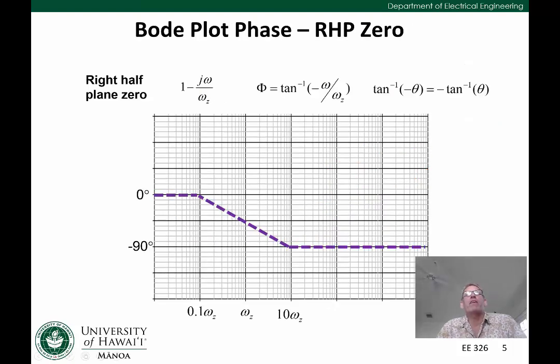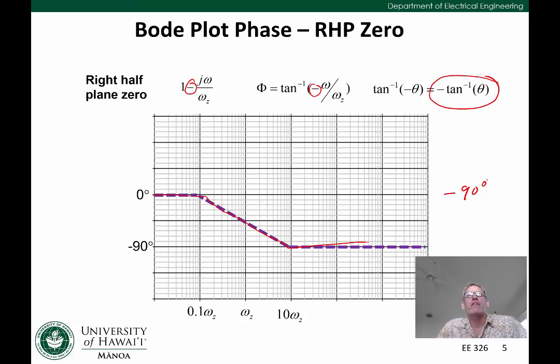All right, now what about the phase? We typically think of a zero, at least a left half plane zero, as having a positive phase shift, but because this is in the right half plane, we end up with a negative phase shift. And so as we look at our Bode plot here, we get a phase shift of minus 90 degrees from this right half plane zero.